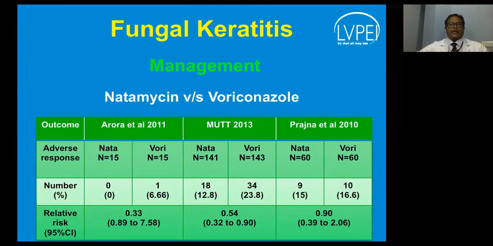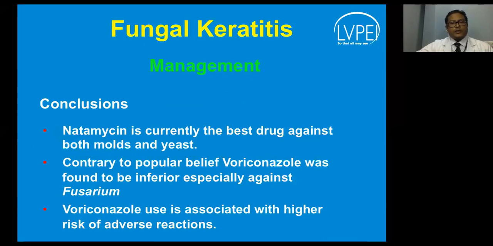Rather, the risk of adverse events with topical voriconazole has been found to be more. So, from this we can overwhelmingly conclude that natamycin is currently the best drug against molds and yeast at this point of time. And contrary to popular belief, voriconazole was found to be inferior, especially against fusarium. Voriconazole use is associated with a higher risk of adverse events.